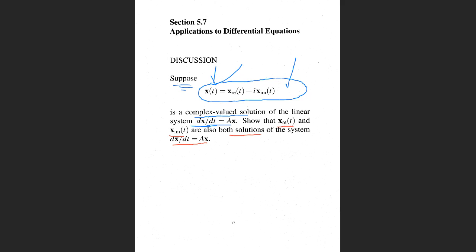And they're real solutions because the components of x sub real of t and x sub i of t, and that's the notation I like to use, are going to be real functions of t. Okay, I want to prove this to you. May I go to the next page?